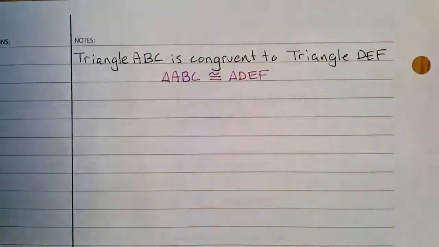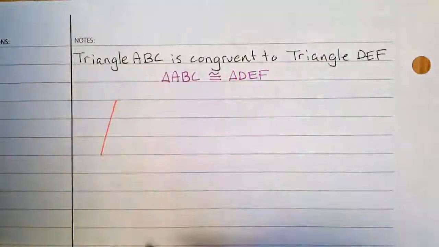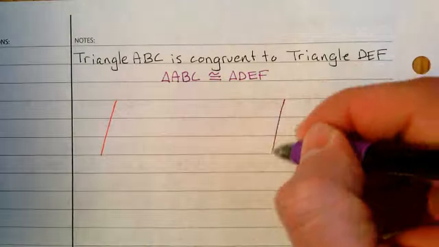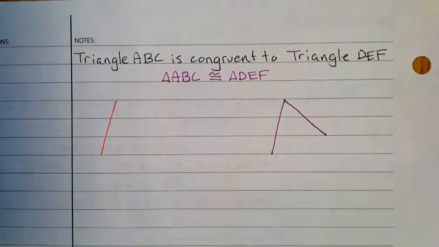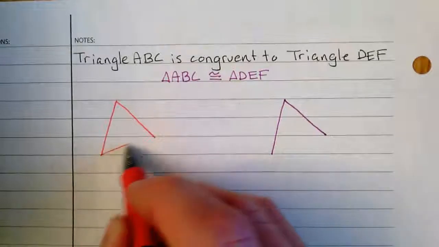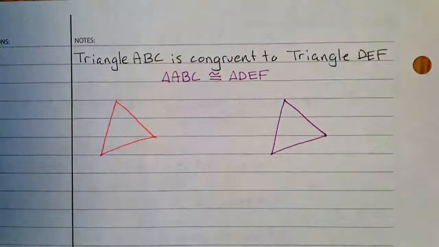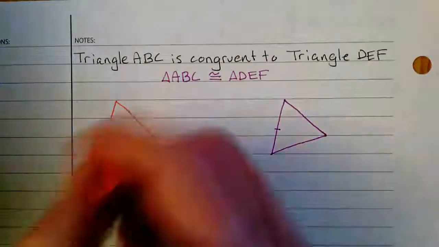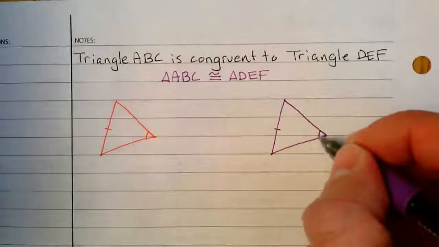So, I'll draw some pictures of what they might possibly look like. Here are my two triangles. They look pretty much the same. I'll put a mark there, and a mark there. I'll mark that angle, and that angle.